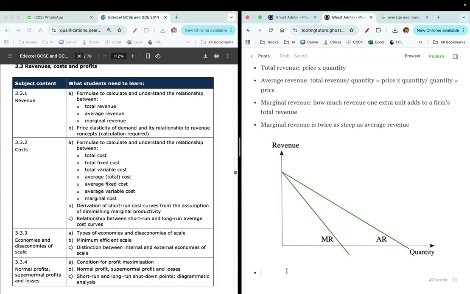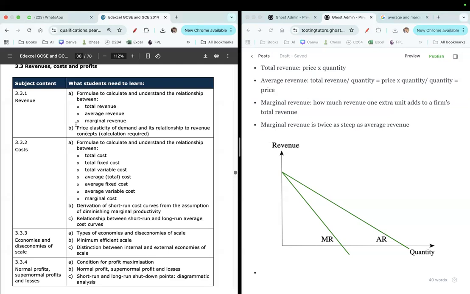So in that case, if it's inelastic, what would happen to revenue? Well, if a firm sells energy or electricity, what would they do? Would they increase their prices or be scared to increase their prices? If it's inelastic, no, they wouldn't be scared. Exactly.